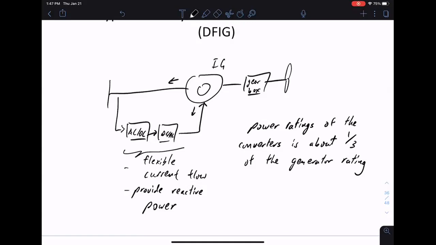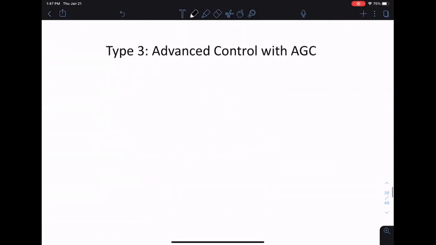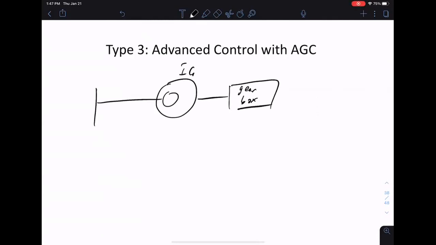Another nice thing about this sort of design with converters is that we can do control much easier, as we covered before. So the way we do control with these converters is as follows. Again, these are the induction generators. This is the gearbox. Blade.